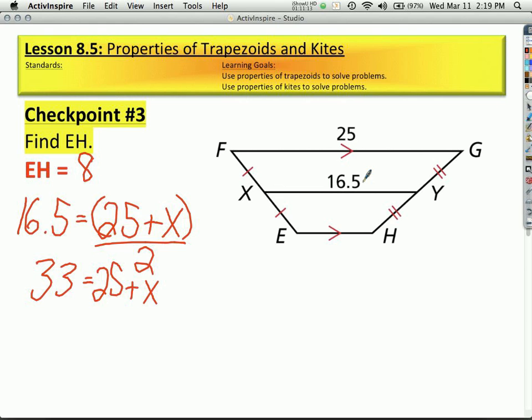Go ahead, Ania. I cut 16.5 in half, and then I cut 25 in half, and then I added it together, and then I times it by 50. I don't know if that's a method that I want to emulate, but if it works for you and it works every time, go ahead.